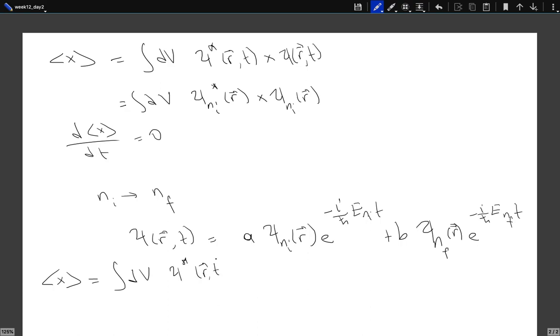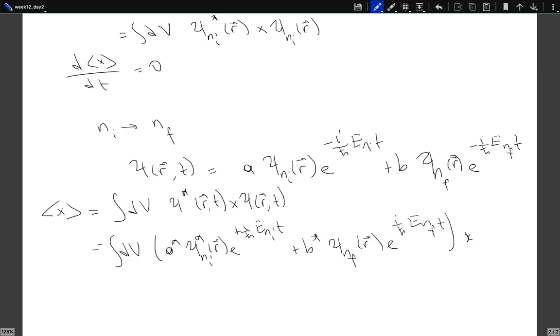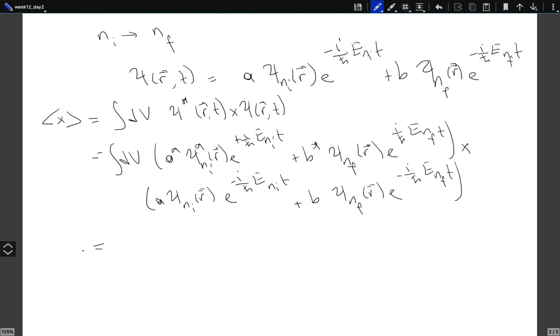So it's the integral of psi star of r and t, times x, times psi of r and t, dV. The first factor is A star psi i star of r e to the power plus i over h bar E i t, plus the second term, times the position operator, times A psi i of r e to the power minus i over h bar E i t plus B psi f.